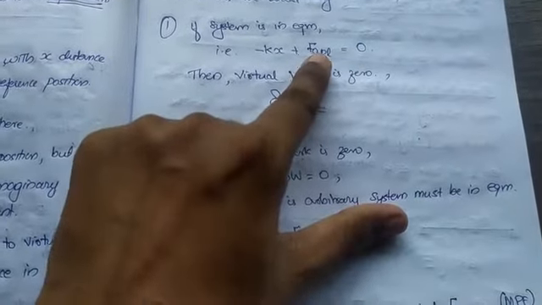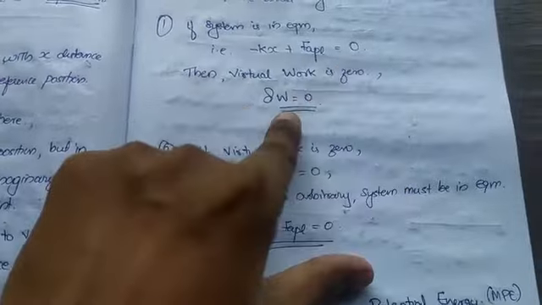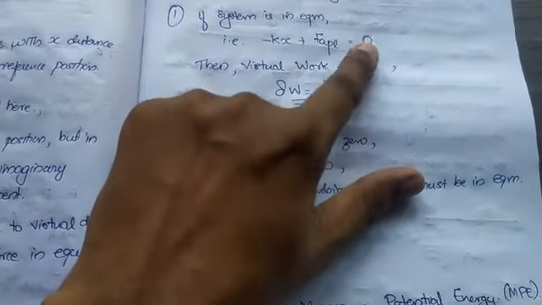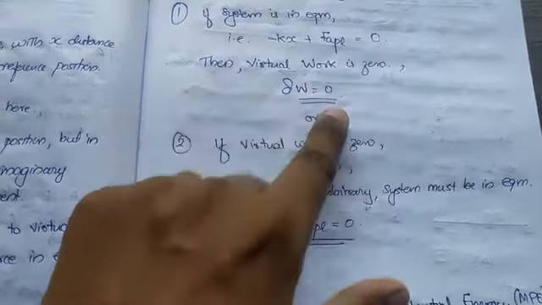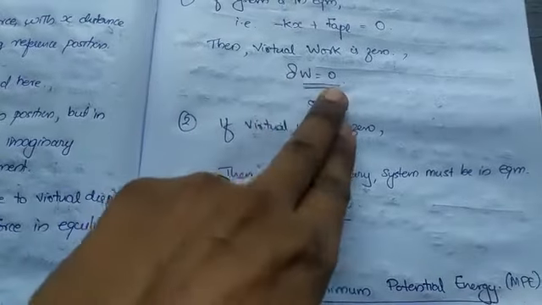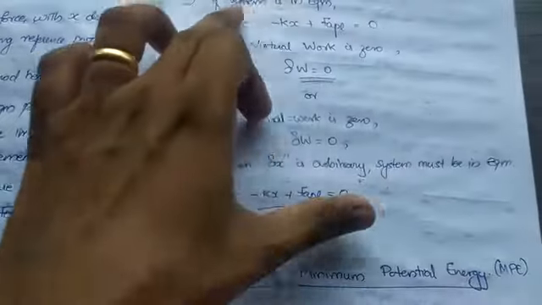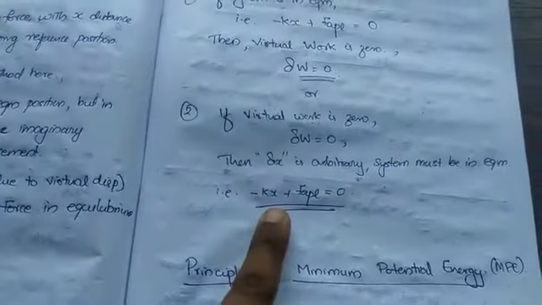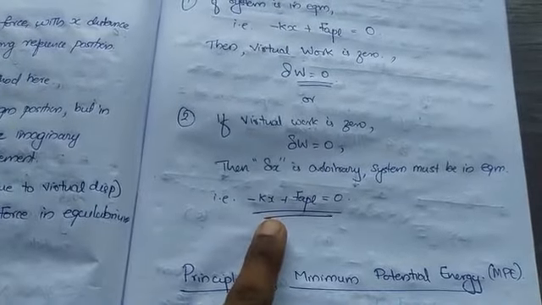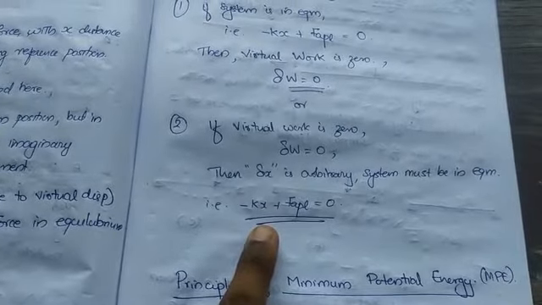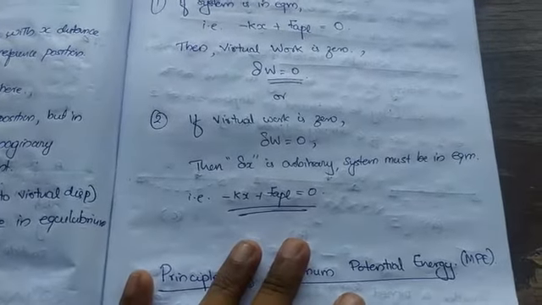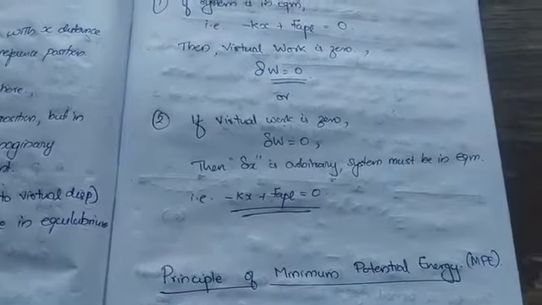That means the virtual work, delta W, is 0. Or you can say that if delta W is equal to 0, then the system is in equilibrium. Got it? So this is a very simple theorem, virtual work.